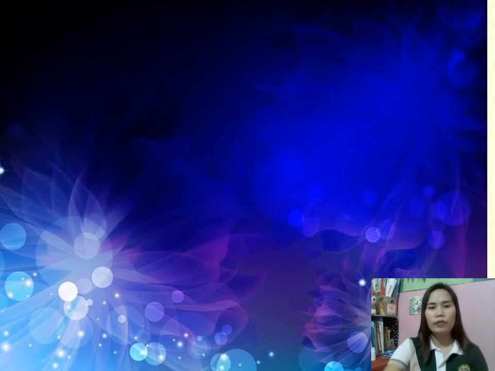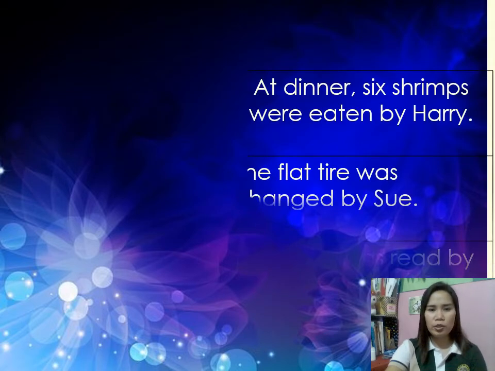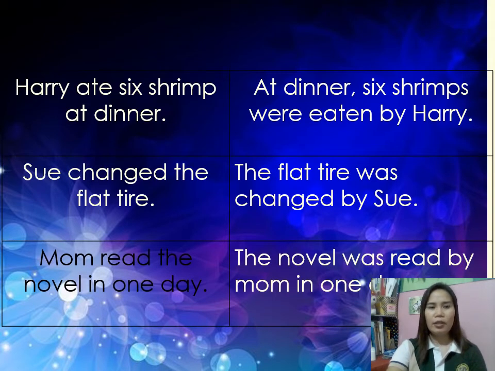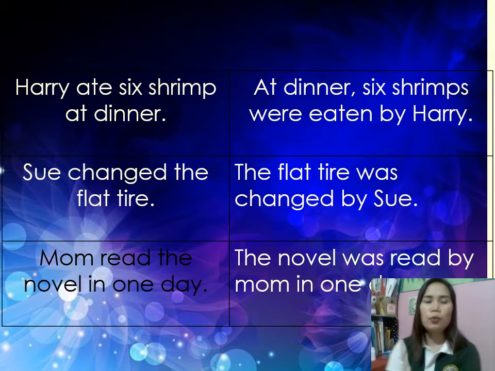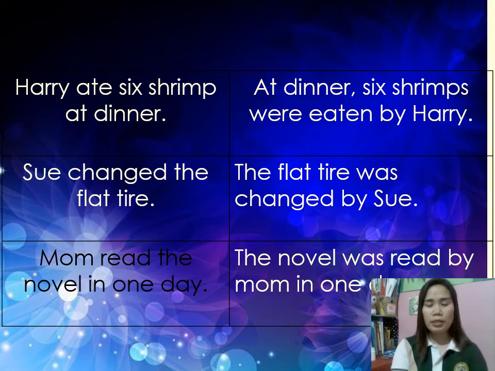I have prepared here a lot of examples of changing active to passive form for you to understand the passive and active voice well. All right, so let's start. Harry ate 6 shrimp at dinner. So we change it into passive. It will become, at dinner 6 shrimps were eaten by Harry.